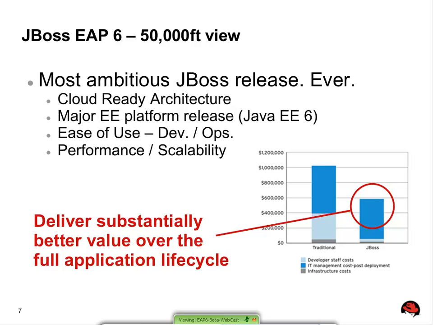Managing JBoss is really no more efficient than managing WebSphere or WebLogic. So that's the thing we want to address with this release: the extended life cycle of your application, beyond development, for the 5 or 7 years that you need to manage the application. That's the cost we want to tackle, because that's the bulk of the long-term cost of an application anyway.